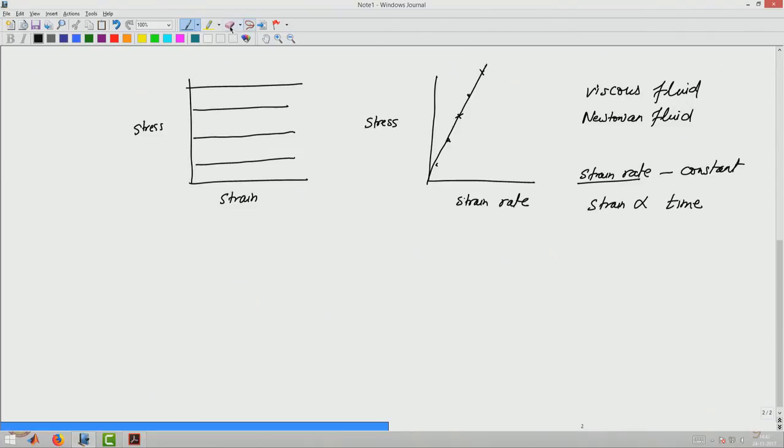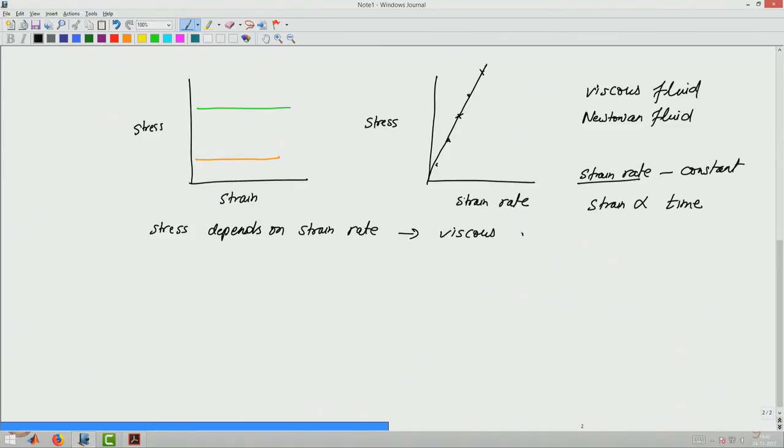Drawing analogously to what we had done in the previous discussion, if we do the experiment at one strain rate, we will get one value of stress. If we do it at a different strain rate, we will get another value. So, in this case stress depends on strain rate, and this is viscous deformation in the material.